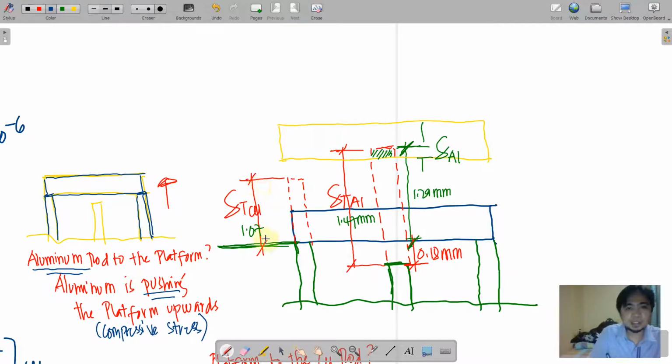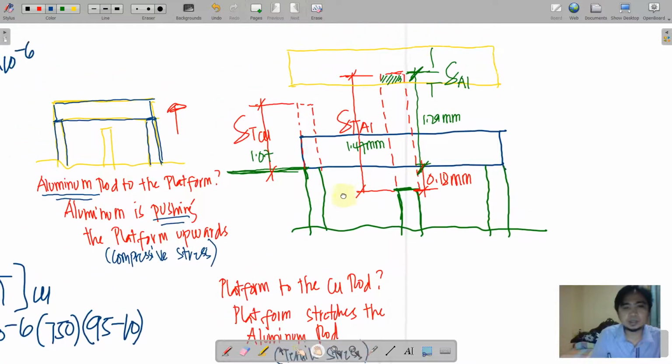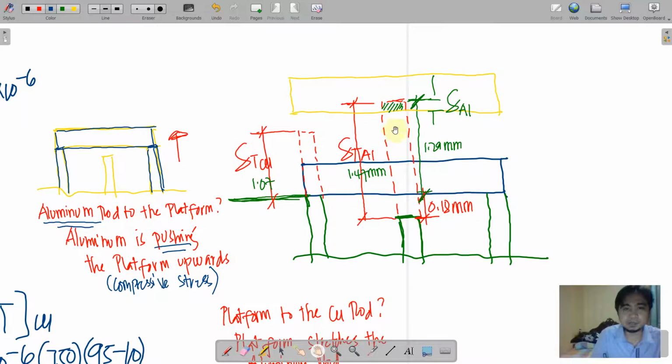remember that copper is attached, right? And we have just found out that because of the aluminum pushing this up, and this copper is attached to the platform, when the platform goes up because of the push, of course the copper will follow, and it will elongate in the direction of the action of the platform.